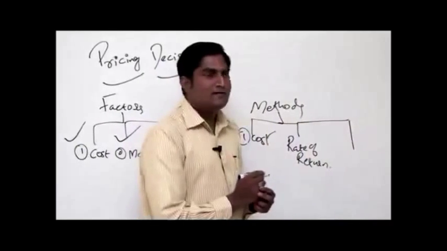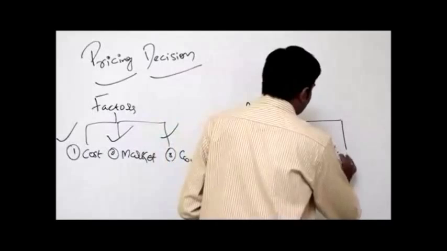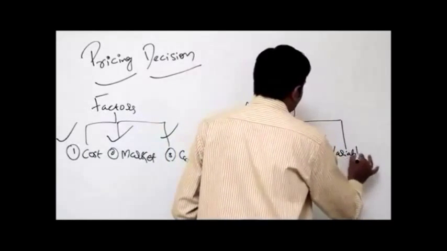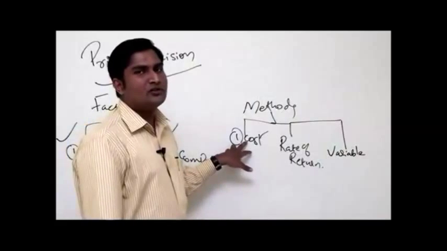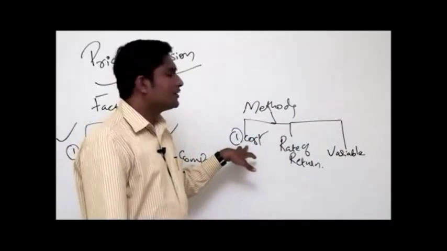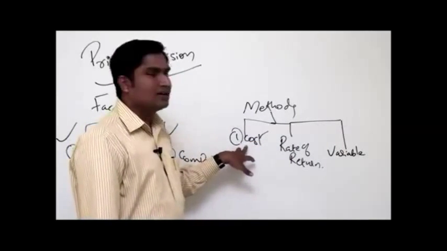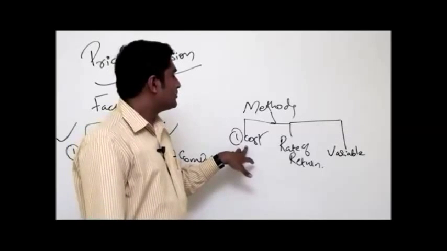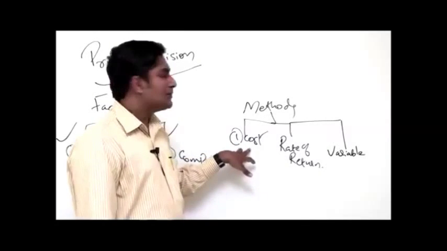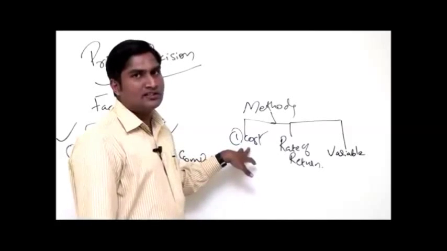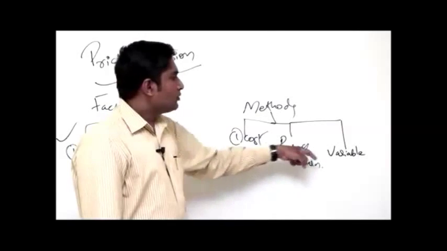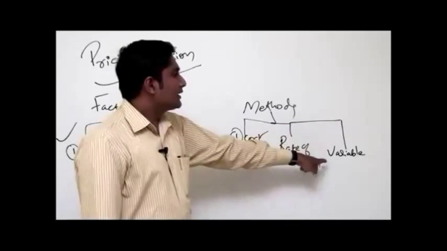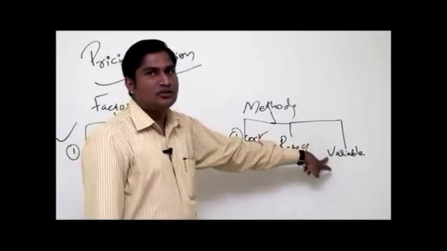Now the third method is nothing but variable cost pricing. In the first scenario, we took all the costs into consideration, irrespective of whether they are variable or fixed. As in the disadvantages part of cost plus pricing, we mentioned that it ignores competition. So if there is hectic competition in the market, the firm can operate at a price which could recoup only the variable portion in the short run.